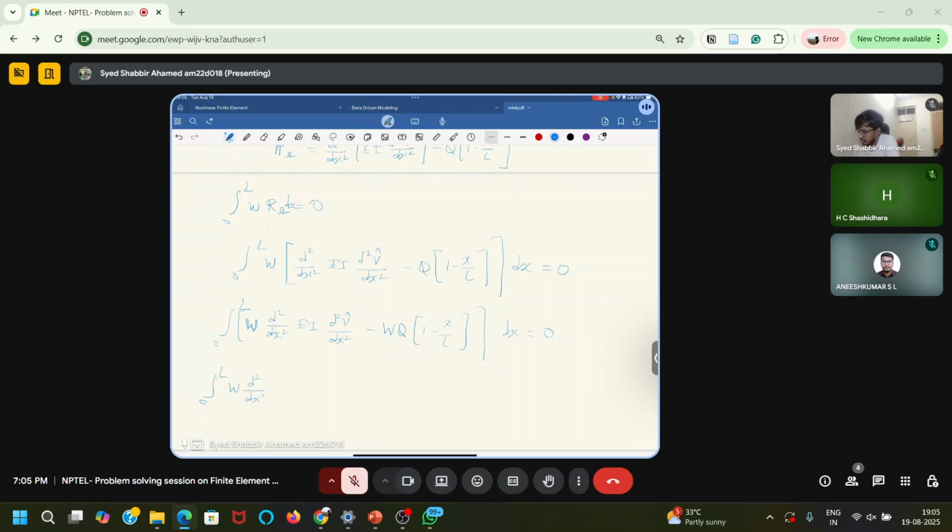I have d square by dx square EI into d square V cap by dx square, and there can be two terms which can be derived from this, and the load term with 1 minus x by L, equal to 0.